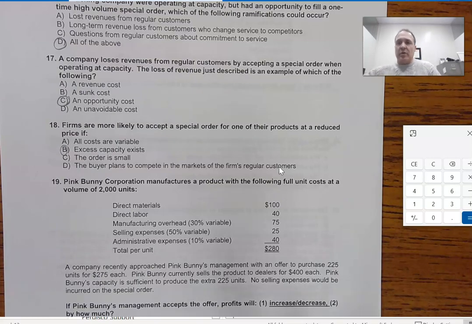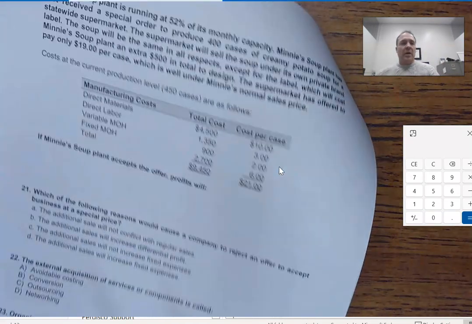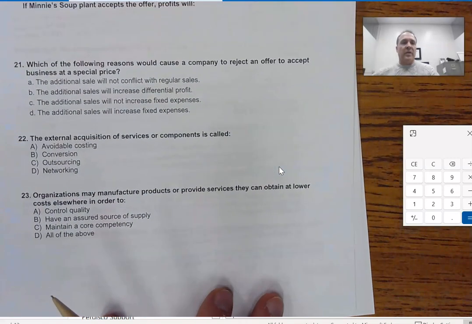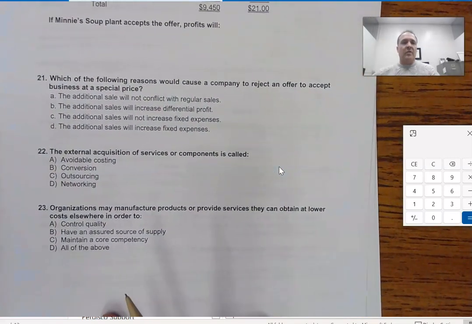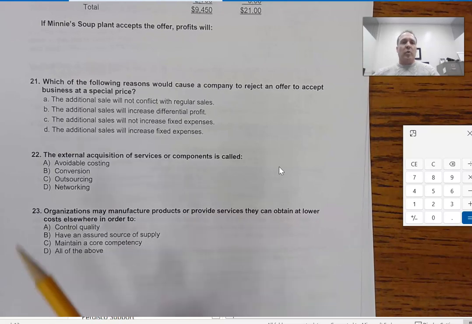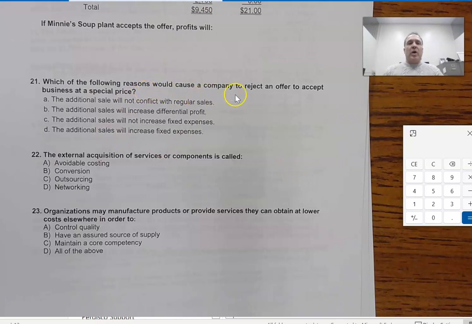And then I want to turn the page here just for a moment. We've got one more that I want to do, and then we'll close this video out. Let's see here. We're going to get to all of these eventually. So question number 21 right up here. It says, which of the following reasons would cause a company to reject an offer to accept business at a special price?